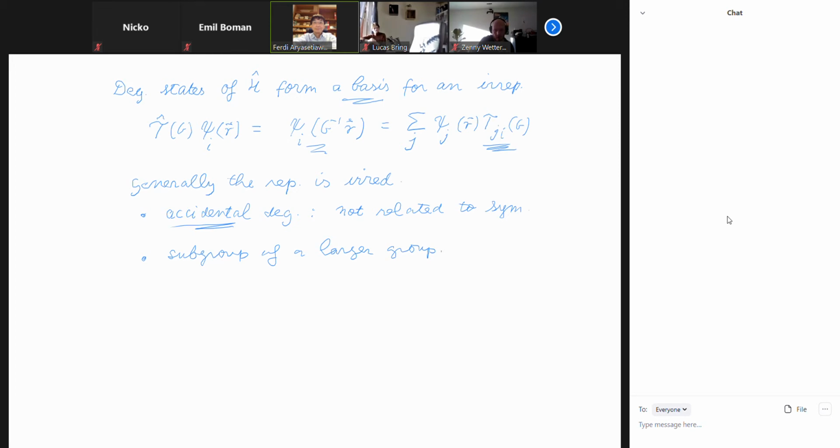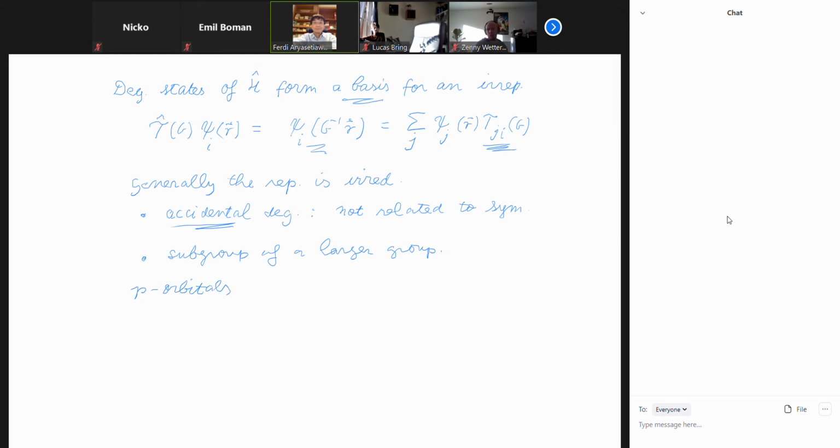I think it will be clear by an example. Let's say that we have a Hamiltonian which is spherically symmetric, so it is invariant under rotation operators. Let's consider the p orbitals. So we're talking about an atom, so we have p orbitals.